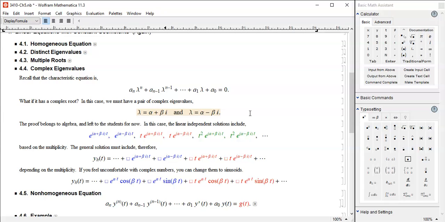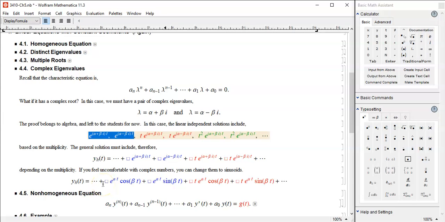Anyway, this is a conclusion, and therefore we're going to have a pair of complex exponentials, and if you have multiplicity, t times that, t squared times that, and so forth. Now, there is a little bit more pleasing way, in terms of real functions, to express those complex exponentials using sinusoids.